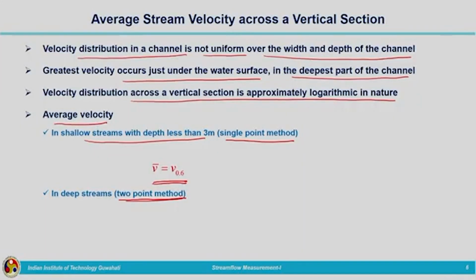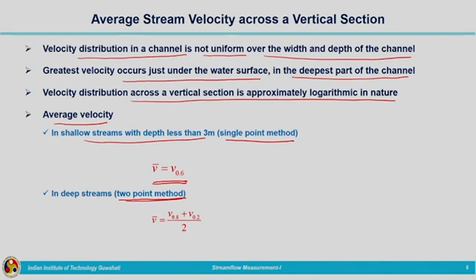At that location, we will be measuring the velocity. In the two-point method, we will be measuring velocity at 2 different depths, and we will be taking the average of those 2 values to get the average velocity. Both these methods are approximations only, and in deep streams, average velocity is equal to V 0.8 plus V 0.2 divided by 2.